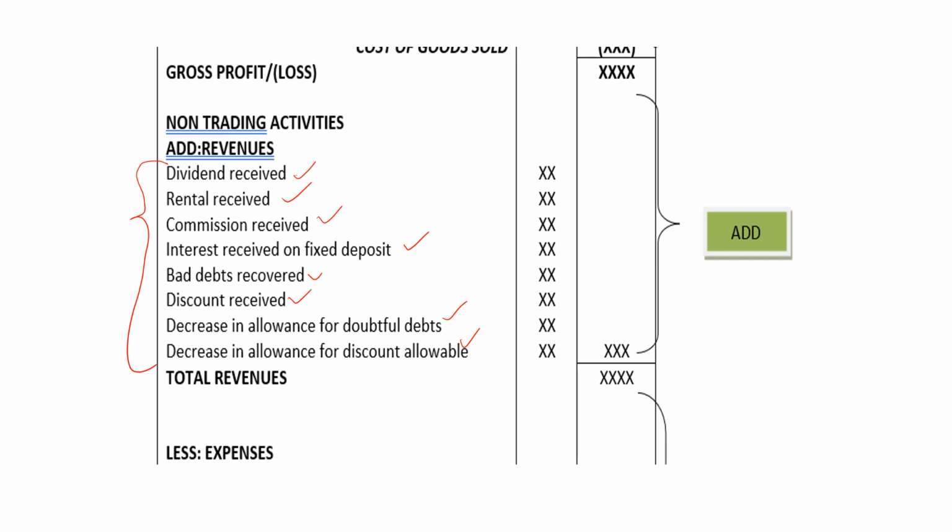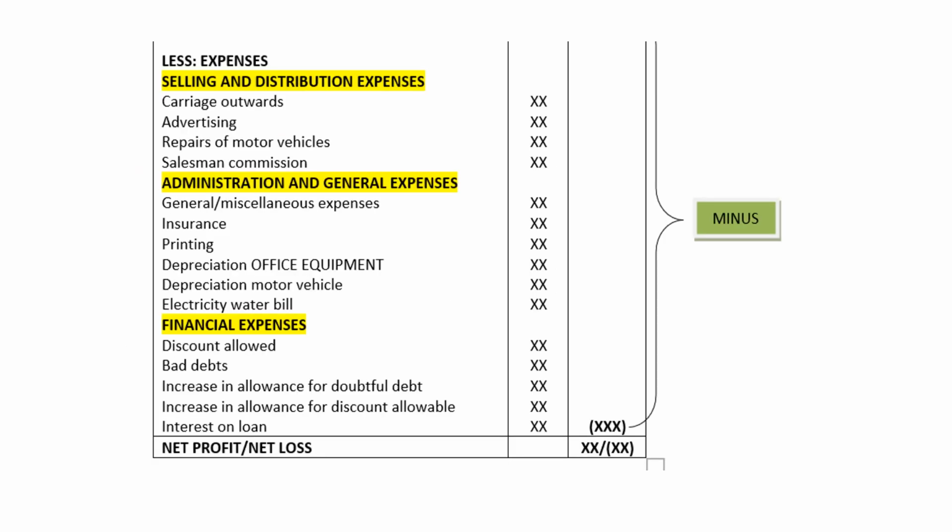And then we minus expenses. So expenses basically can be classified into 3 different categories. We have selling and distribution expenses, and then we also have administration and general expenses, and then we also have financial expenses. So you record accordingly.